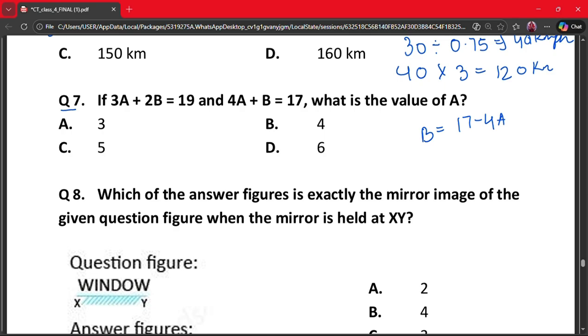So substitute in the first equation. So 3a plus 2 into (17 minus 4a) is equal to 19, and solving gives a is equal to 3. So our correct answer is option A.